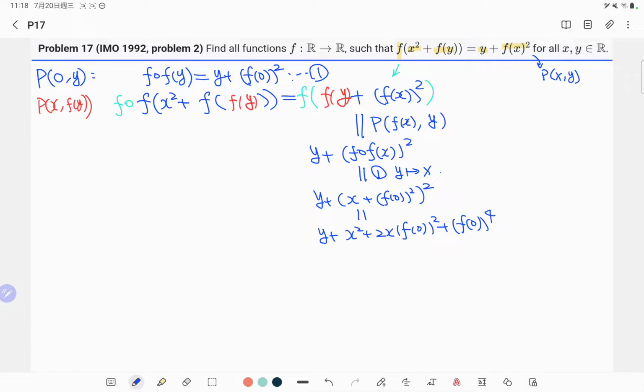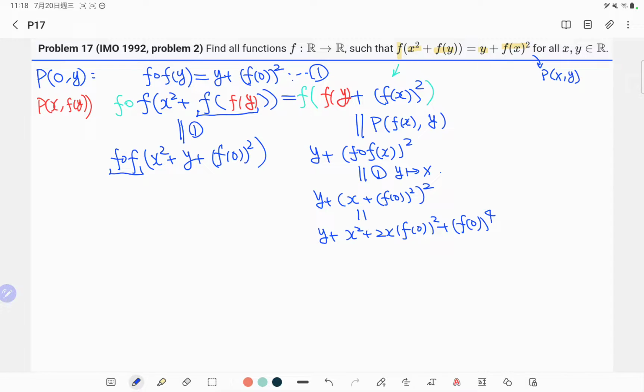So let's see whether we can also simplify the left side. Here we have f(f(y)), so we can apply equation 1 directly. We have f(x² + y + (f(0))²).